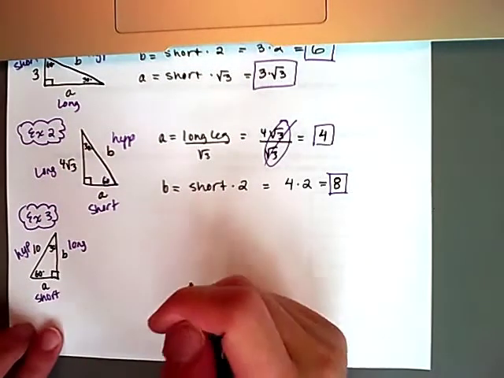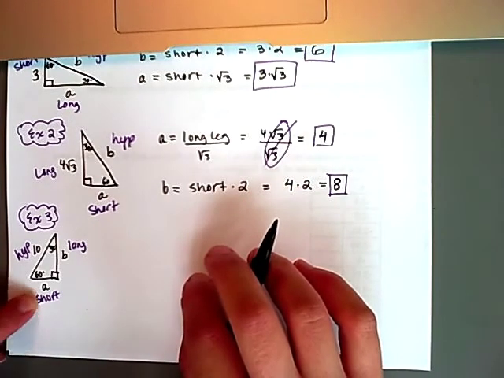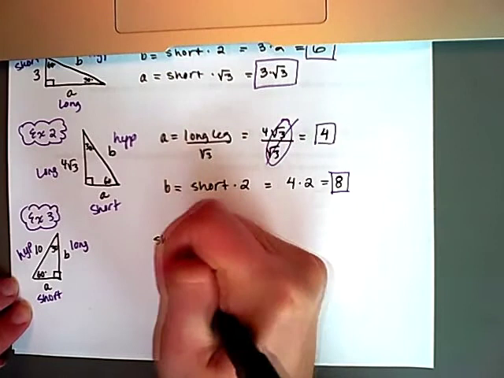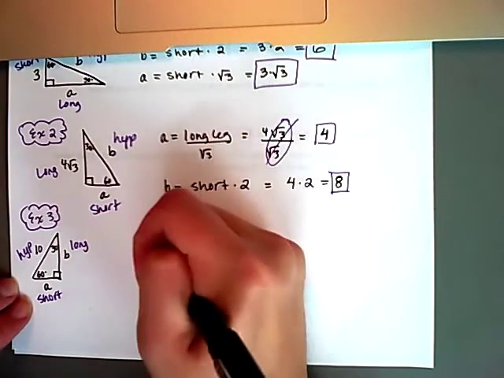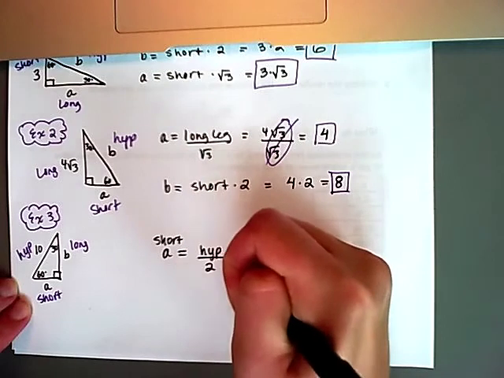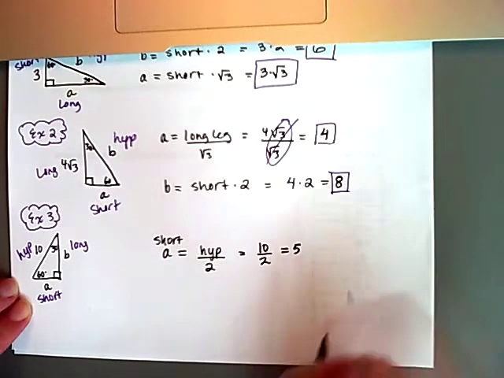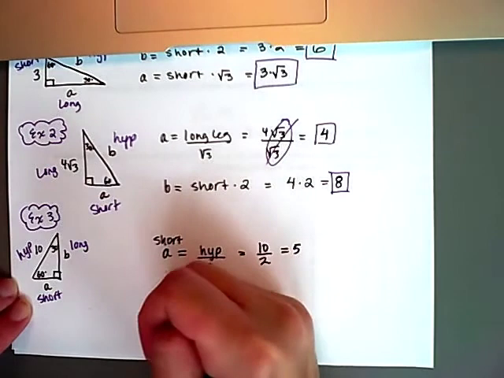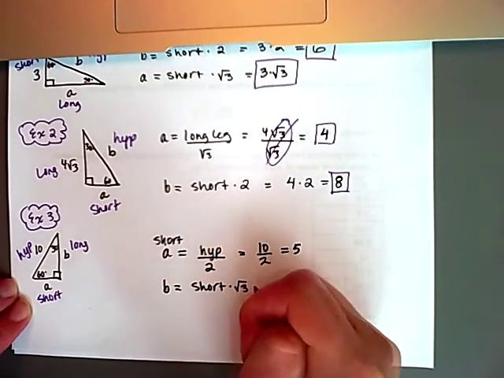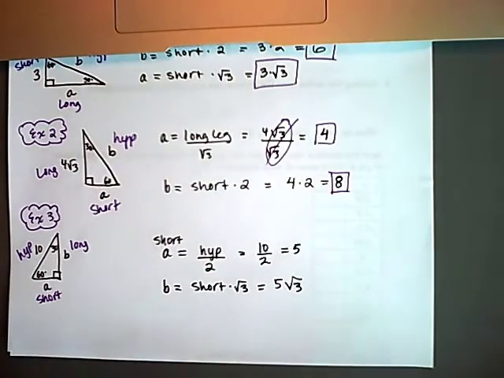Now I can reference my formulas, and I know that the short leg is the hypotenuse divided by 2. So short, which is A, is hypotenuse divided by 2. In this case, that's 10 divided by 2, which is 5. Then to get the long leg, I take my short leg and multiply it by root 3. So we get 5 times the square root of 3 as my value for B.